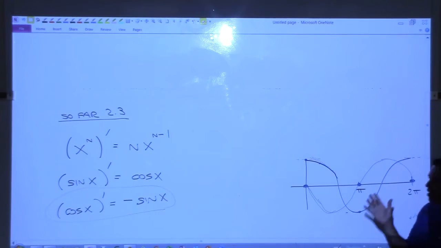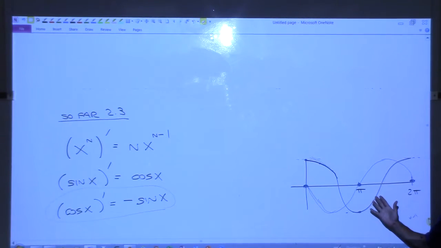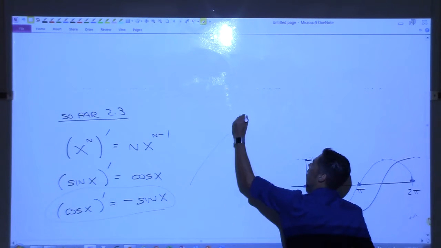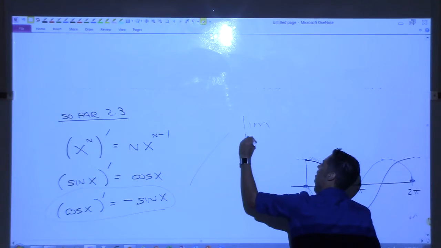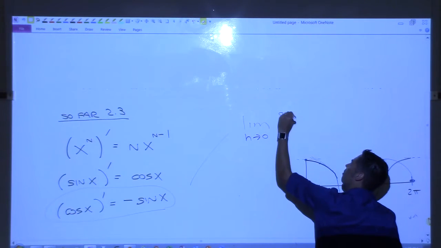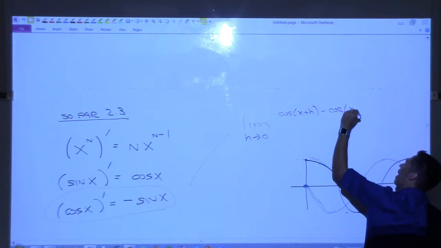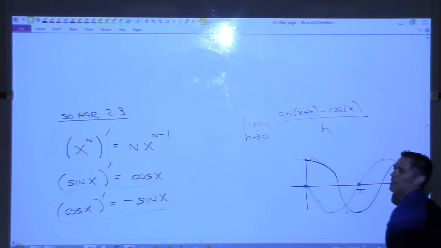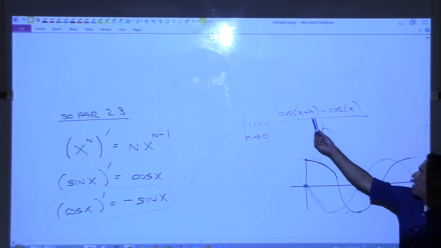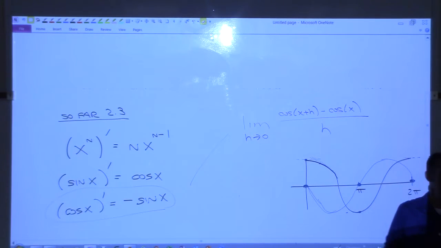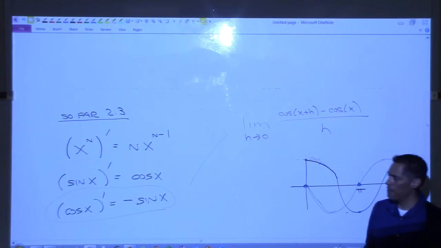I just tried to visually prove it to you. To do the actual proof of that, you would have to do the limit as h goes to 0 of cosine of x plus h minus cosine x all over h, and then guess what you would do? Same thing, expand that out, group things up, and it would all work out, all right?